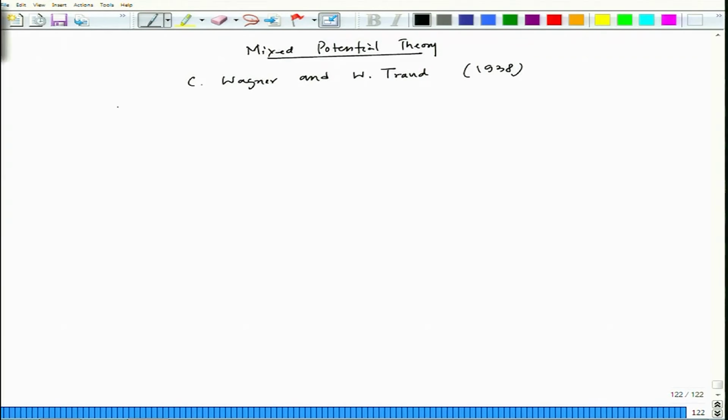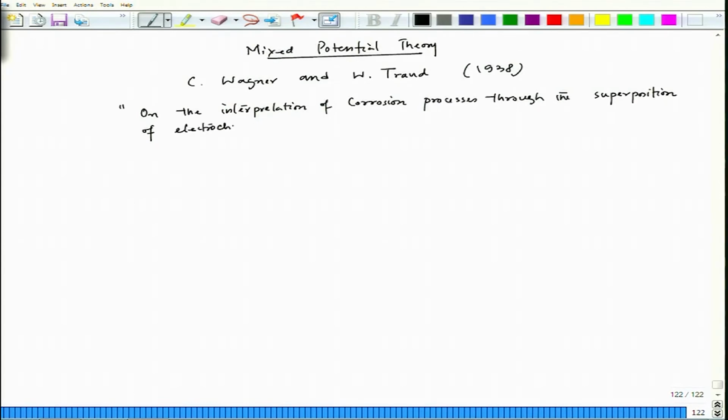So, if I try to see the paper name, it says: on the interpretation of corrosion processes through the superposition of electrochemical partial processes and on the potential of mixed electrode.